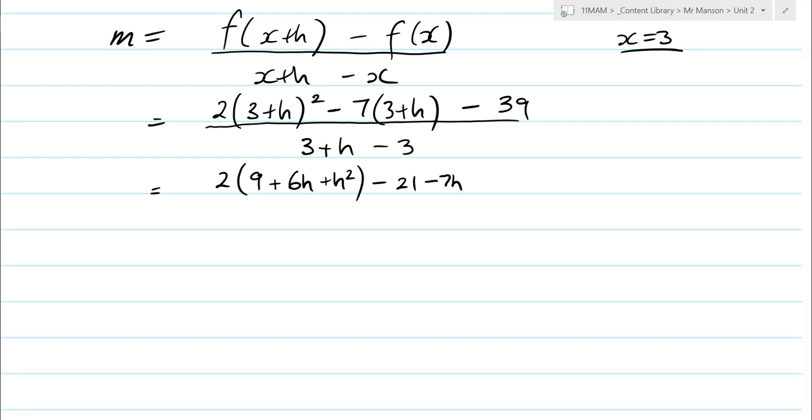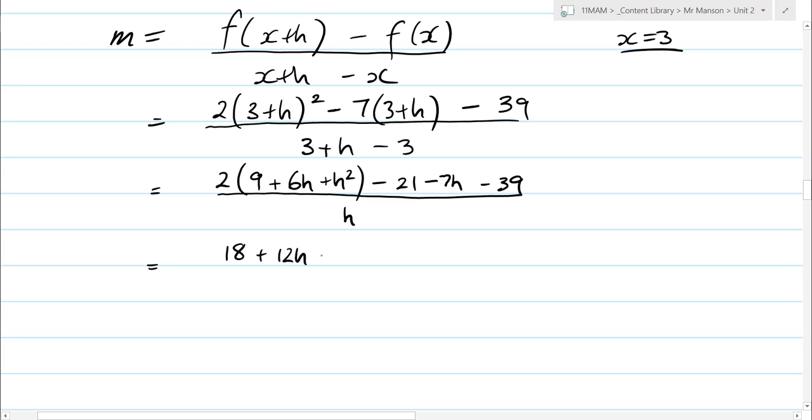That's a negative, and that's a pretty common problem. Minus 39 all over h, because the 3's cancelled out again and always will. And then I get 18 plus 12h plus 2h squared minus 7h. Minus 21 and minus 39 becomes minus 60 all over h.